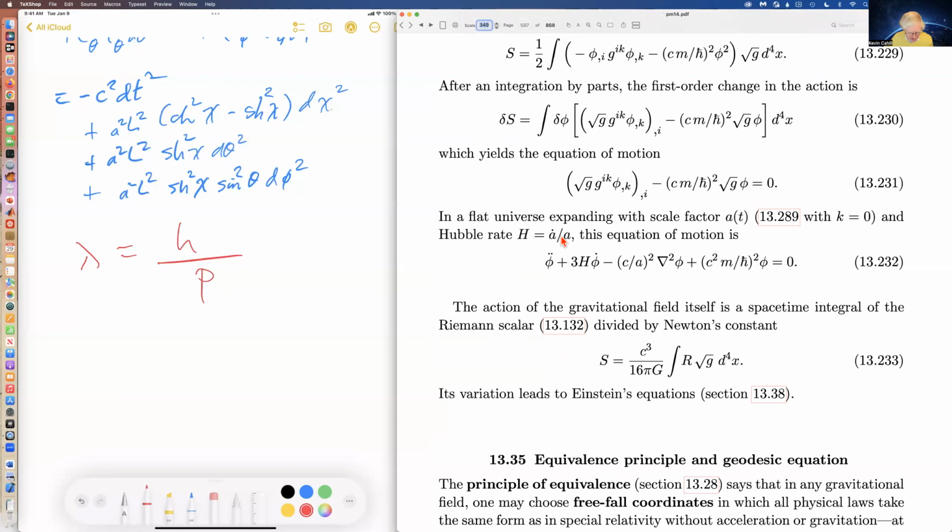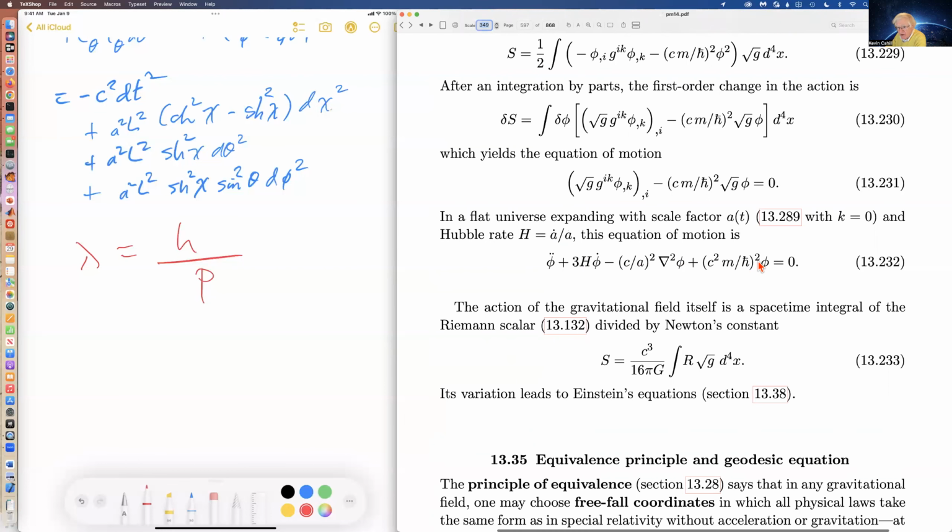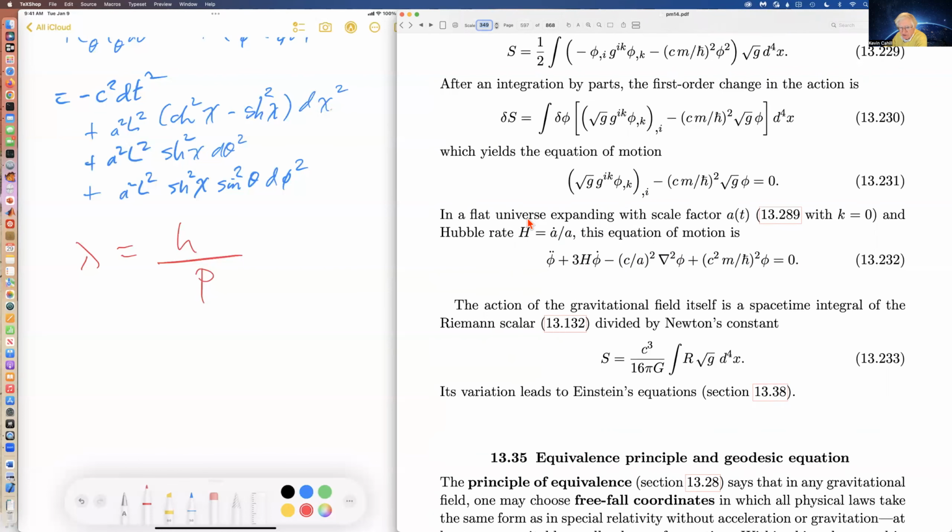It's like everything in astronomy is misnamed, I guess, because it's the oldest science, and it's just burdened with so much tradition. Anyway, you have the minus c over a squared plus grad squared phi plus c squared m over h bar squared phi equals 0. So that's the scalar field in a flat expanding universe.